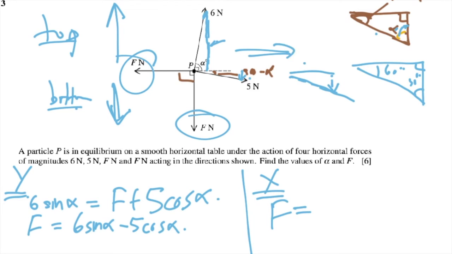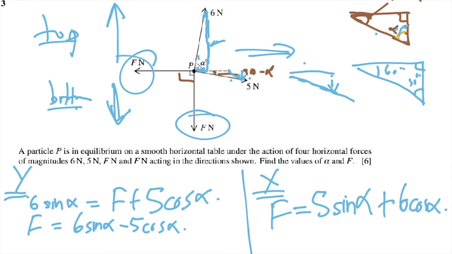On the right you have 5 sine alpha, opposite over hypotenuse, plus this part, which is 6 cos alpha, adjacent over hypotenuse.